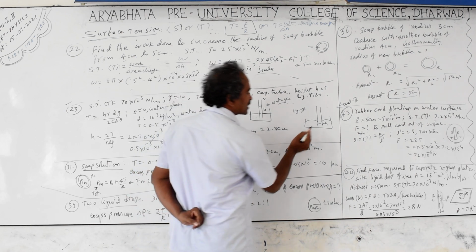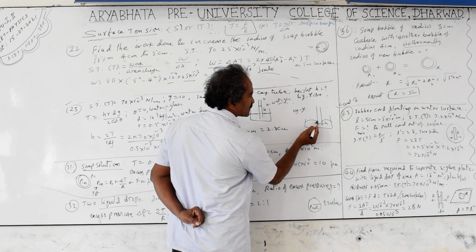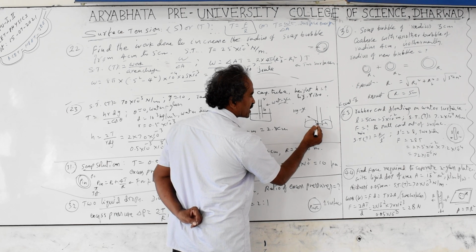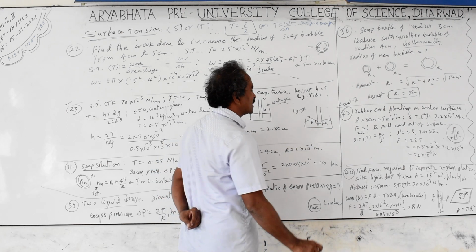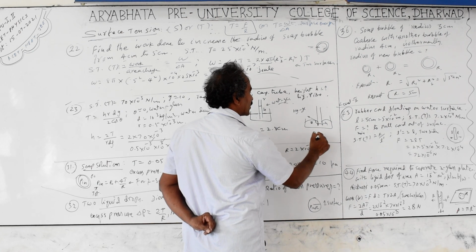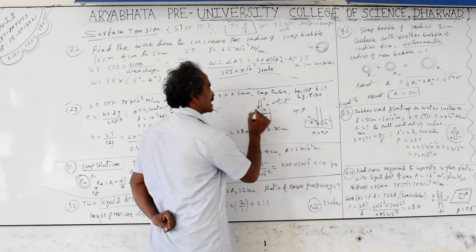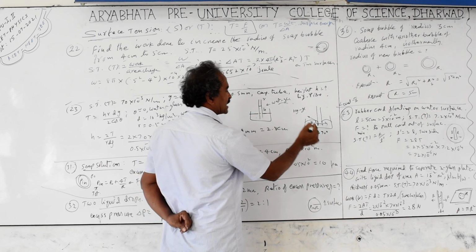The angle between the tangent to the liquid surface and the glass solid, inside the liquid, is called the angle of contact. The angle of contact theta for mercury is more than 90 degrees, called an obtuse angle. For water and glass, the angle of contact is less than 90 degrees.